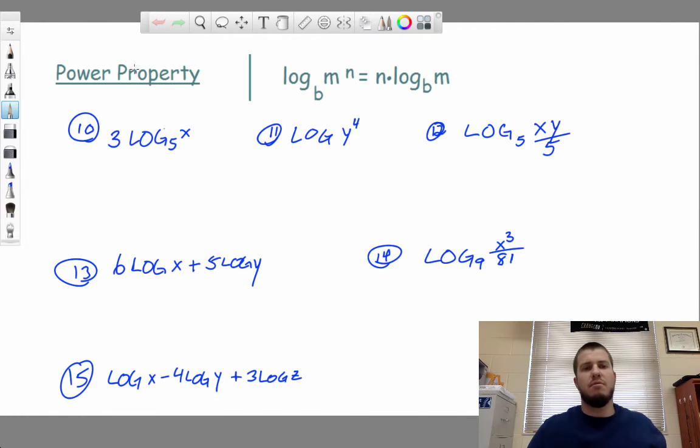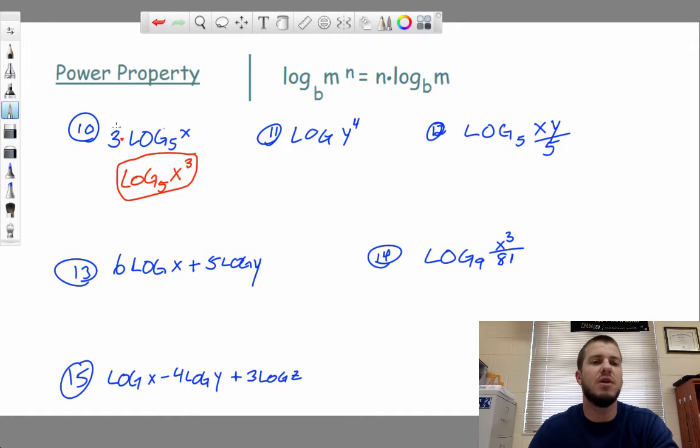And the power property. And this could go either way. When I have this number out in front being multiplied with the log, you can write that as the exponent of what's inside the log. So I can write this as log base 5 of x raised to the third is going to be the same as 3 times log base 5 of x.